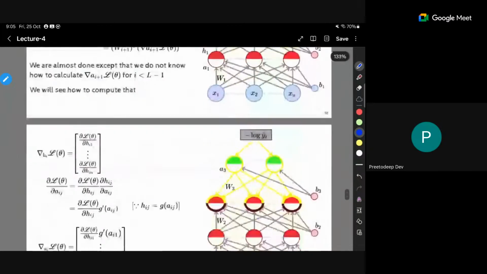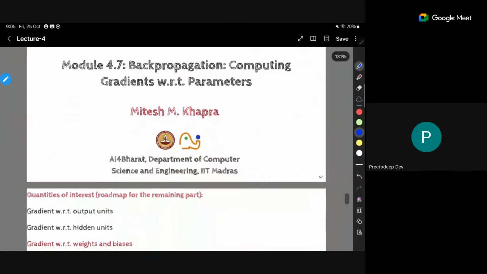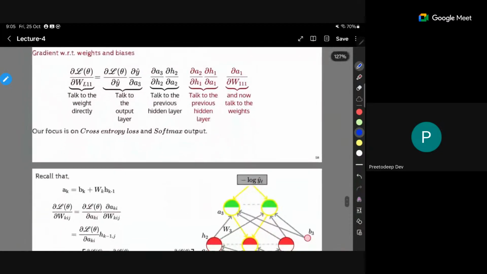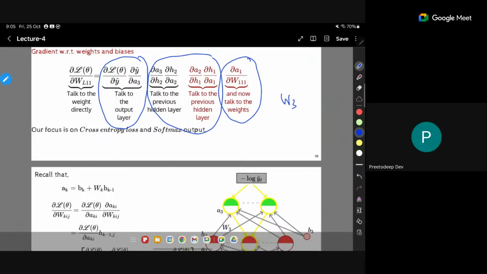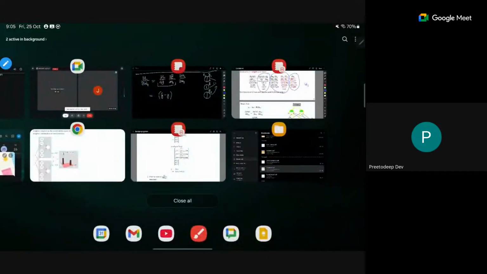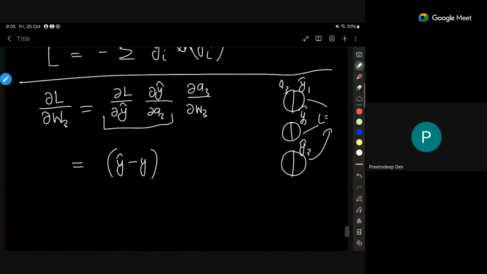After that, this part will come up where we take the gradient with respect to parameters, because at W3 we don't have any hidden layers. So I will directly jump to this part. Since I don't have any hidden layers while computing W3, I'm skipping that and going there, and that's what you can see from the formula as well. This much of the formula is required, right?